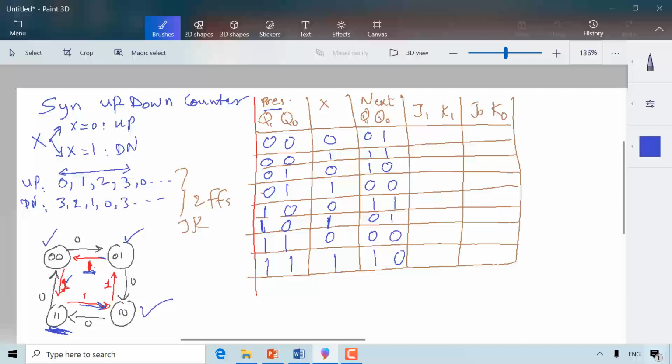So I have the present state and the next state. I need the inputs for JK. So what do I have?